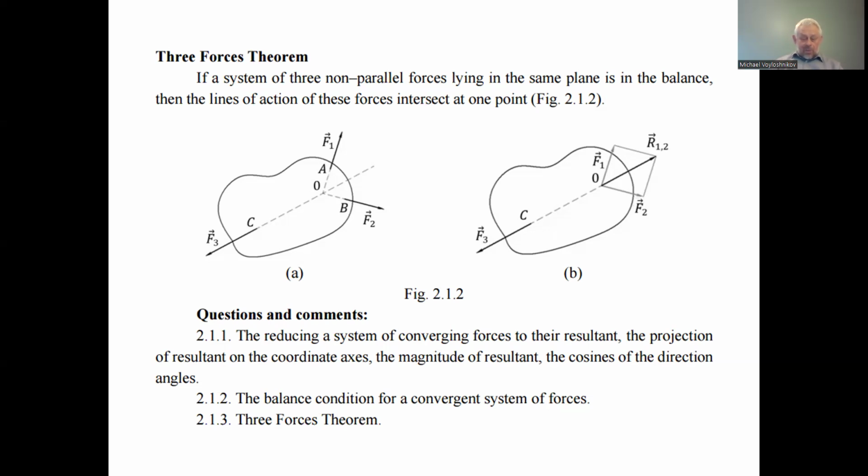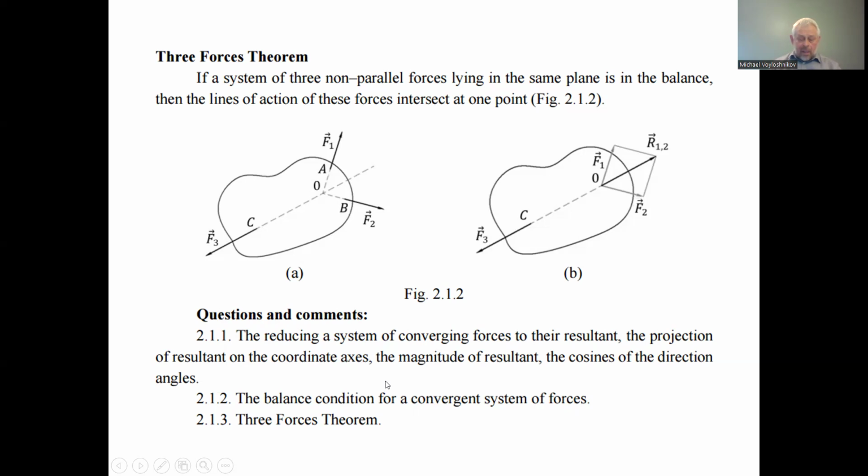Another way is just to put the beginning of each force vector at the end of the previous one, and this sequence of vectors gives us the resultant from the geometrical point of view. The projection of the resultant on a coordinate axis we can find as a total of the projections of each of the convergent forces in the system on the coordinate axis.